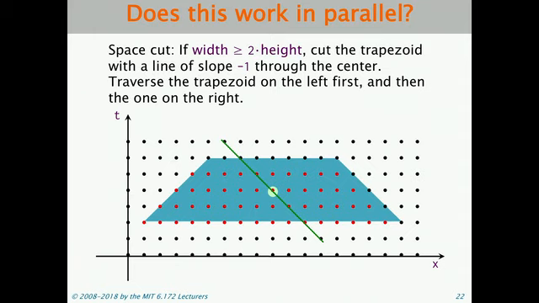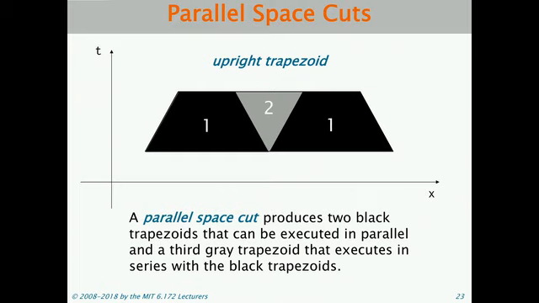But there is a way that I can execute trapezoids in parallel. Instead of just doing the cut through the center, I'm actually going to do a V cut. So now I have 3 trapezoids. The 2 trapezoids in black I can execute in parallel because they're independent, and everything in those 2 trapezoids just depends on the base of that trapezoid.